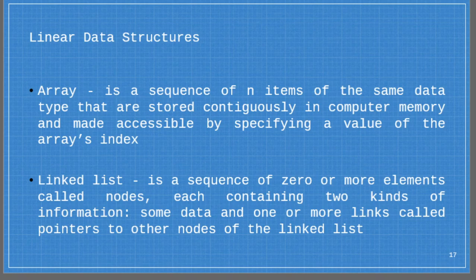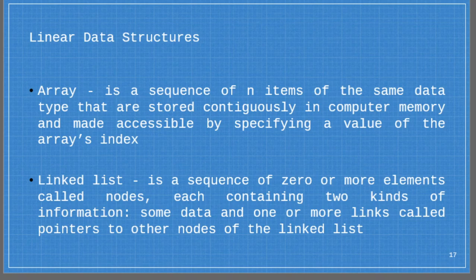The first one is the array. An array is a sequence of n items of the same data type that are stored contiguously in computer memory and made accessible by specifying a value of the array's index. And a linked list is a sequence of zero or more elements called nodes, each containing two kinds of information: some data, and one or more links called pointers to other nodes of the linked list.